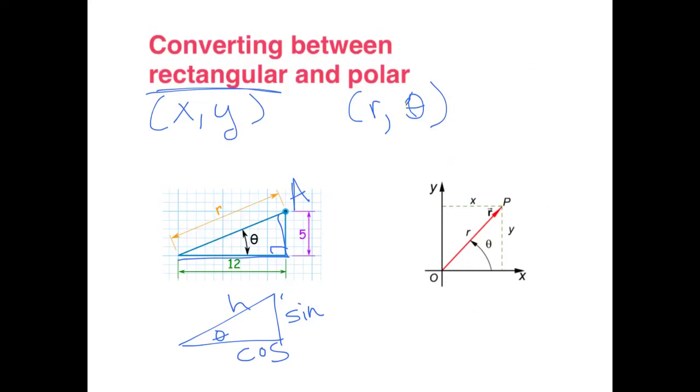If I'm going the other way, let's say I'm given my x and y coordinates, here's x, here's y, I can use the Pythagorean theorem to find the radius, and I could use inverse tangent to find the angle.